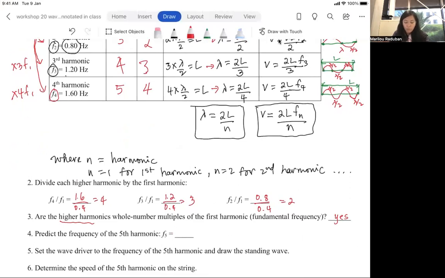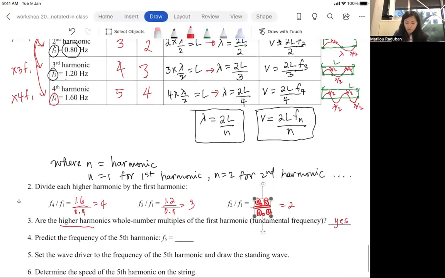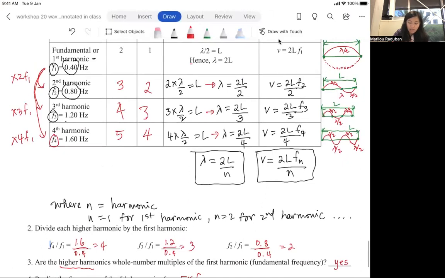So if you want to predict the frequency of the fifth harmonic, if you see the pattern here, the fifth harmonic would just be 5 times the fundamental frequency.